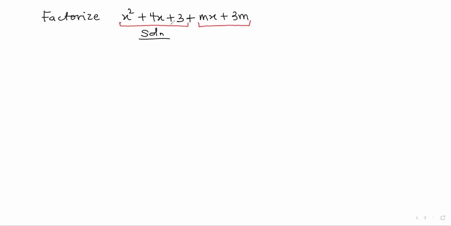So what we need to do is to solve the quadratic trinomial. We have two numbers, which if you multiply, you get 3, but if you add, you get 4. So you realize that those two numbers will give x plus 3 and x plus 1.